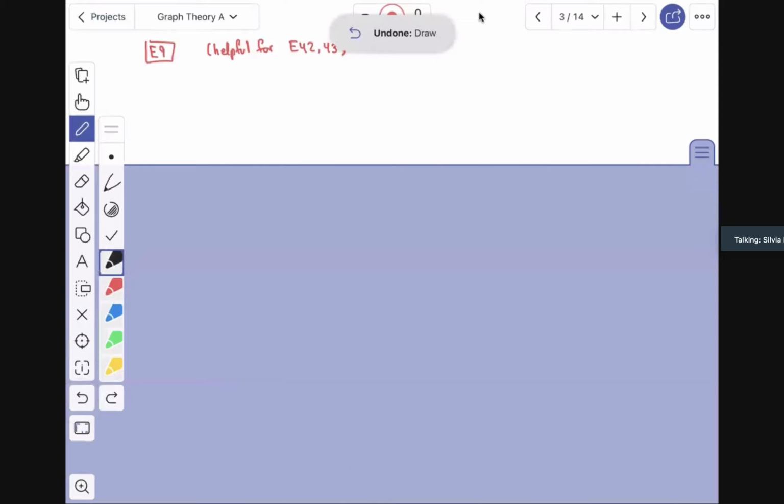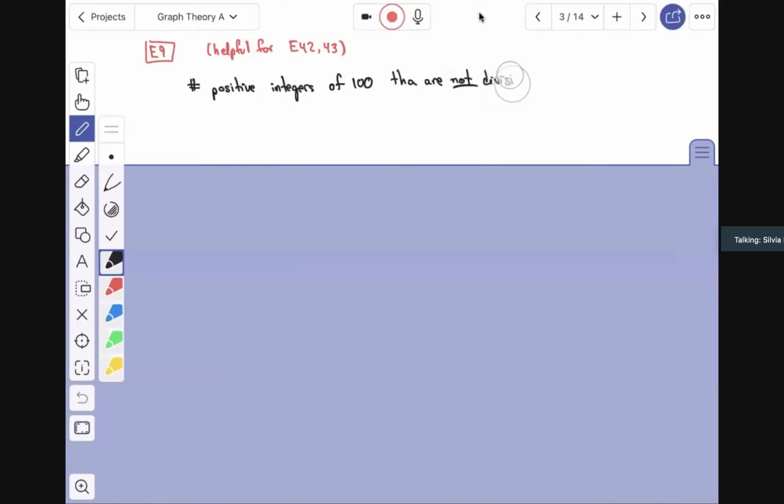E9 says, find the number of positive integers up to 100 that are not divisible by any of 2, 3, and 5.